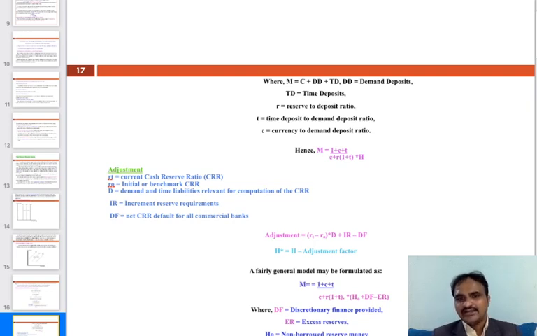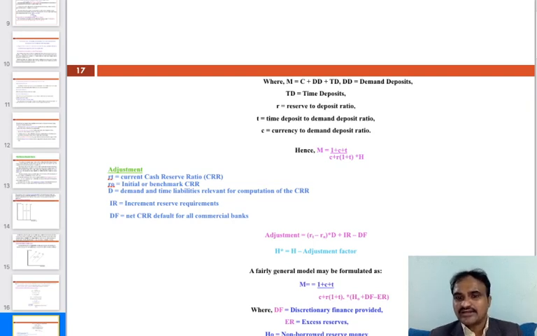The adjustment is R1 minus R0, that means current cash reserve ratio minus the initial or benchmark CRR, multiplied by D plus IR minus DF. The adjustment takes place in the economy in the process of the money supply.